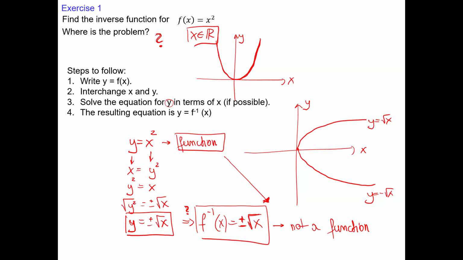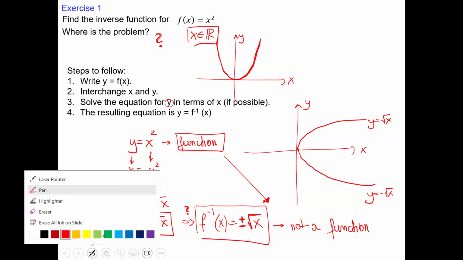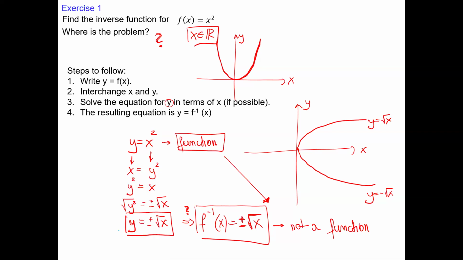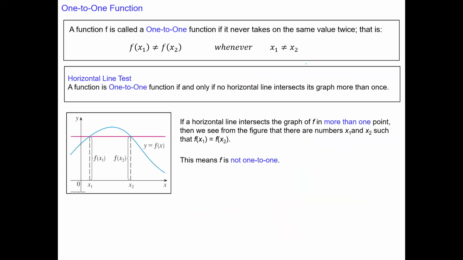We probably notice that a function, first of all, must have a really important feature. And the feature is called, yes, one-to-one. A function must be one-to-one in order to have its inverse. And when a function is one-to-one, let's look at the definition.